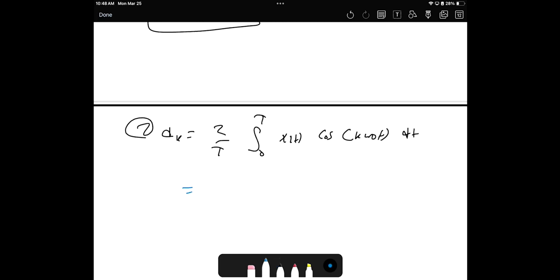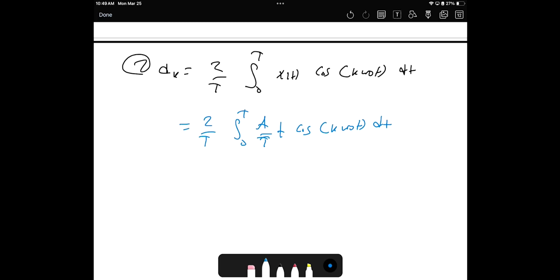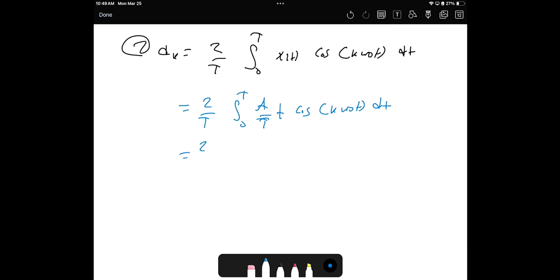So let's substitute it: 2 over T, the integral from 0 to T, of A over T times t cosine k omega naught t. A over T is a constant, so we can move it outside of the integral: 2 times A over T squared, the integral from 0 to T, t cosine k omega naught t dt.